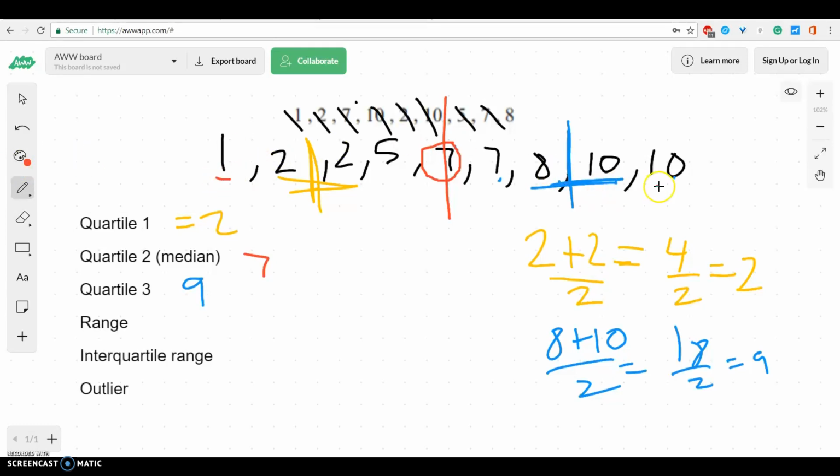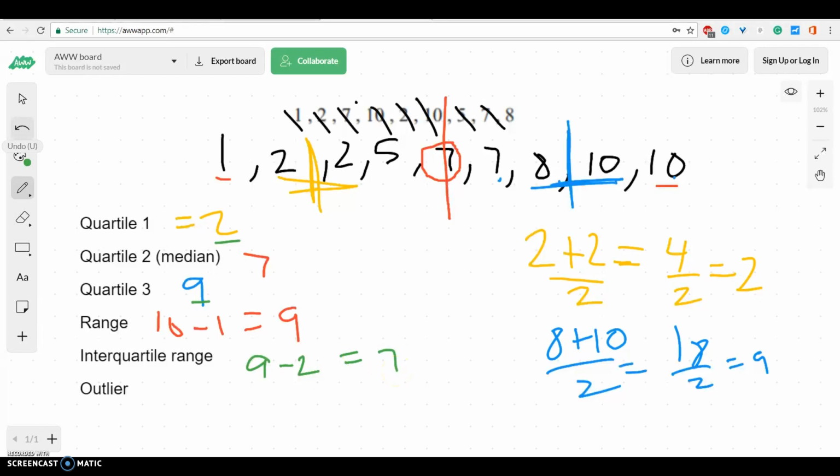It's from 1 to 10. So 10 minus 1 equals 9. So our data set is 9 wide. Our interquartile range is how wide our quartiles are, which would be 9 minus 2, because that's Q1 and that's Q3. So we would get 7.